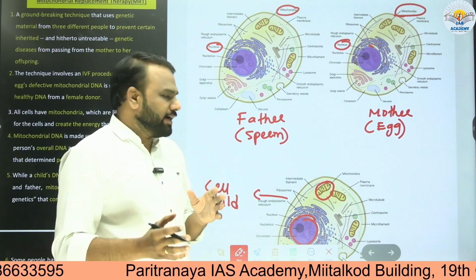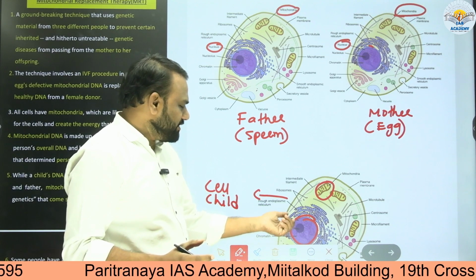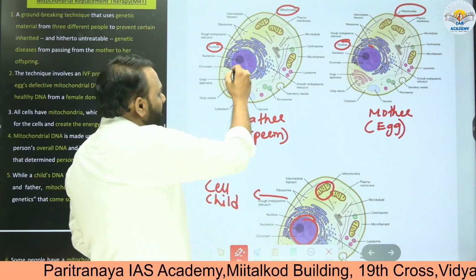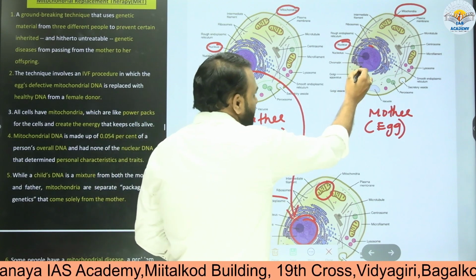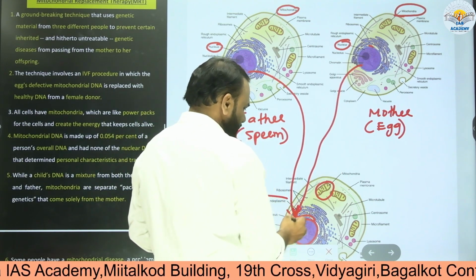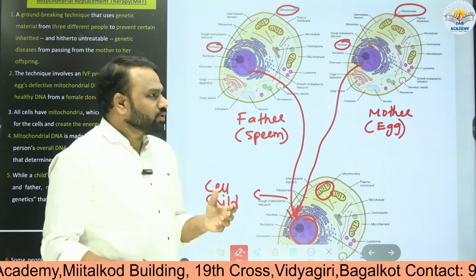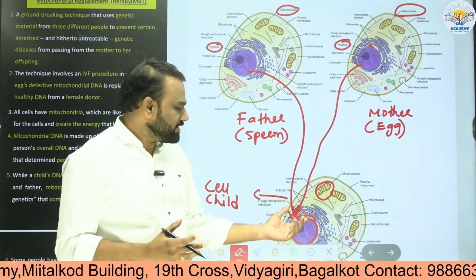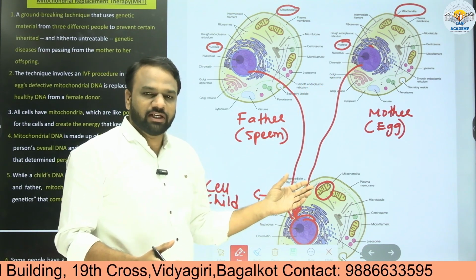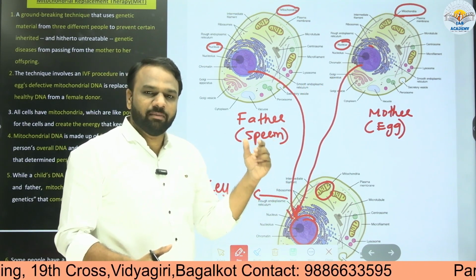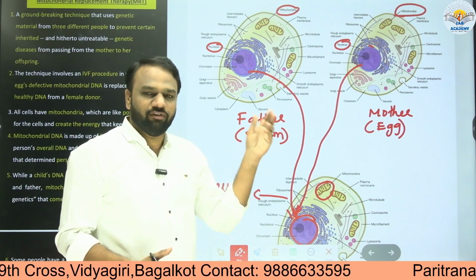So when it comes to inheritance, the genes present in this nucleus have been inherited from both father as well as mother. While inheriting, there will be a mixture. Some of the genes will be inherited from the father and some from the mother. That's why for some, their eyes resemble their mother and their nose resembles their father.